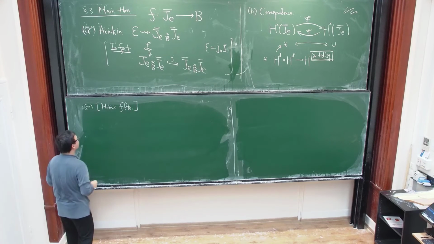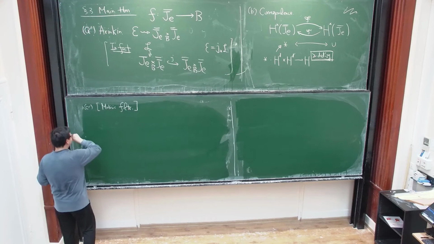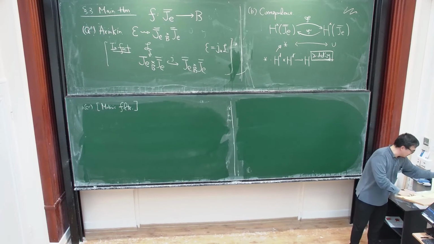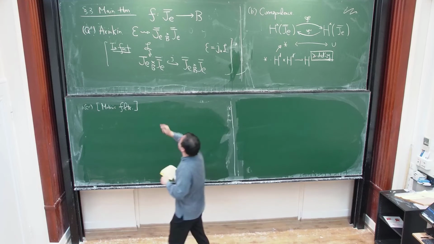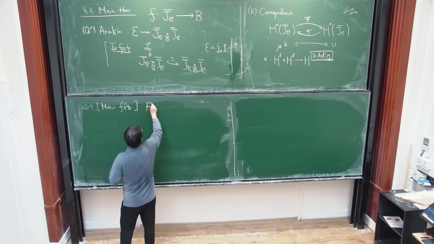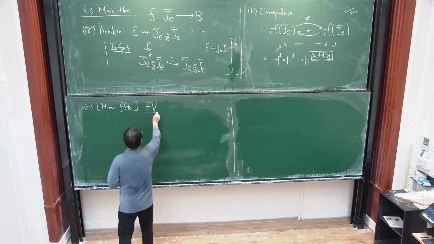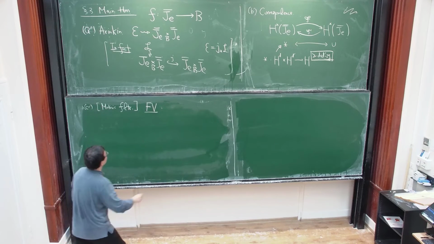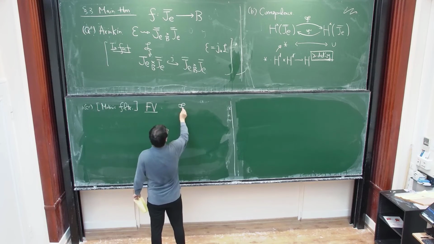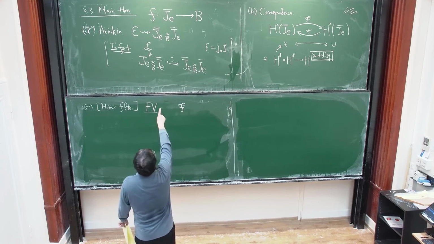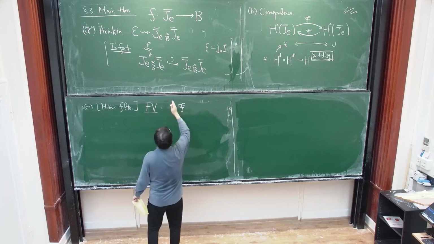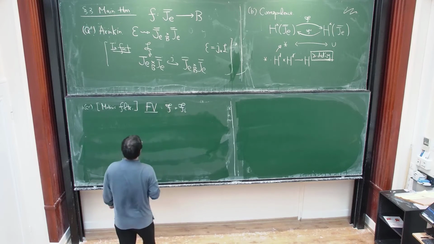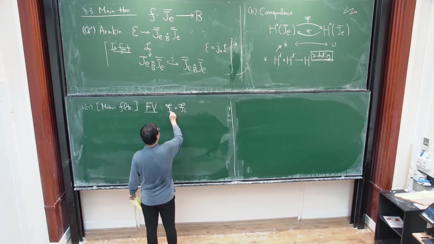Let me try to make this. So the replacement of the Fourier vanishing, the stronger Fourier vanishing, would be just the Fourier vanishing, which is that with this Fourier operator defined by Arinkin's sheaf, we in general do not have the strong Fourier vanishing as we expect, as in the smooth case.